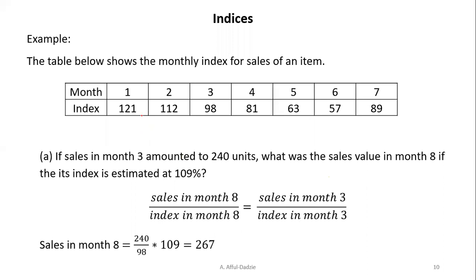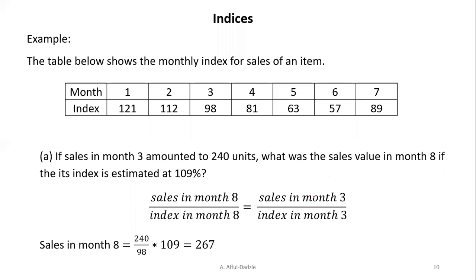So suppose that we have this data over a 7-month period from month 1 to month 7, and these are their index numbers. So we are not given the actual values, but we are given their index numbers. Now the question says, if sales in month 3 amounted to 240, what was the sales value in month 8 if its index is estimated at this point?